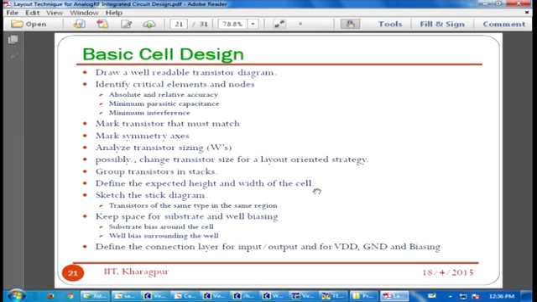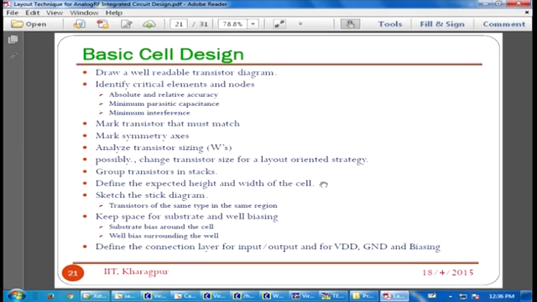draw a well-readable transistor diagram. Then identify the critical elements and nodes. Which path is critical, meaning a high frequency path, or some nodes where parasitics will add and create some performance degradation. So you have to identify the paths and the nodes. Then mark which transistors must match.